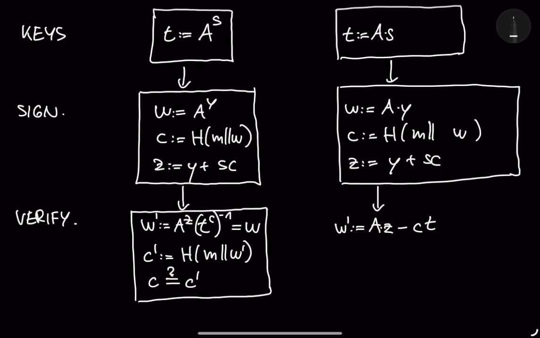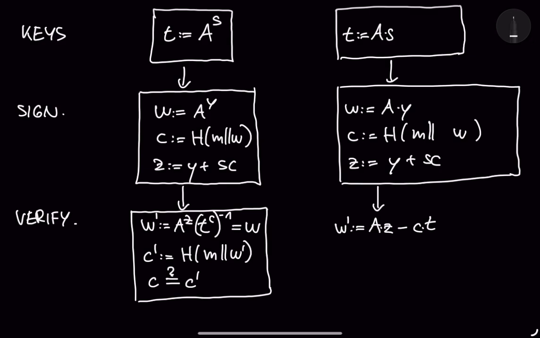We have T to the power of C in Schnorr, which is equivalent to a scalar multiplication of the vector T times C. And on the left hand side we have the inverse of the multiplication, which is to the power of -1, and here we just put a minus in front of the expression.